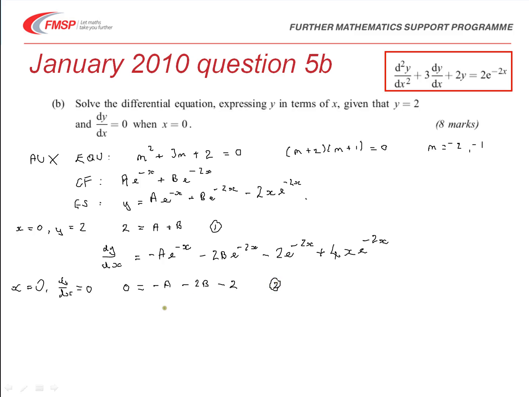So we've got to solve those pair of equations 1 and 2 simultaneously. So we can see we've got a positive and a negative a, so the simplest thing to do is just add these two together.